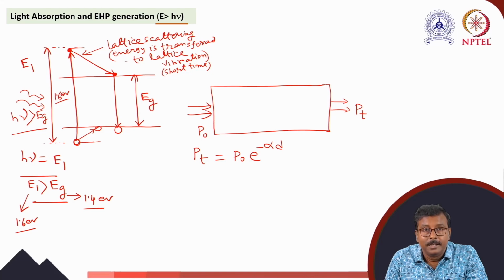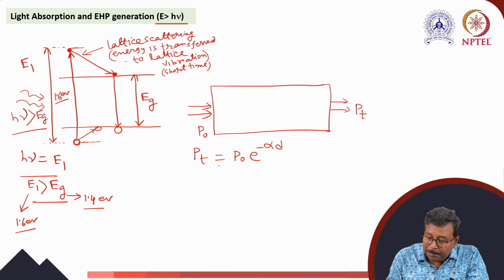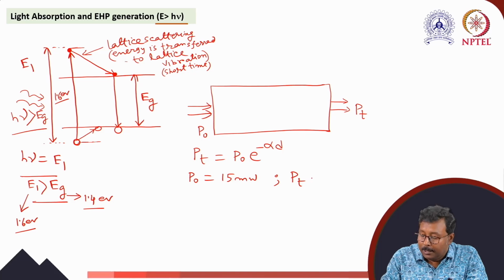So we can calculate the power transferred to heat. How? Suppose the incident power P0 is, say, 15 milliwatt, and say P out or PT is, say, 9 milliwatt.